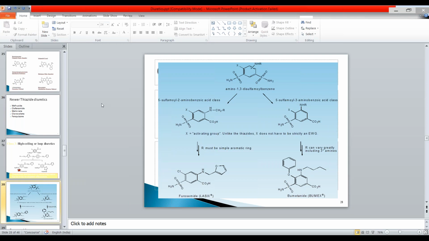Okay, so next we move on to high ceiling diuretics or loop diuretics. Take down high ceiling diuretics or loop diuretics.